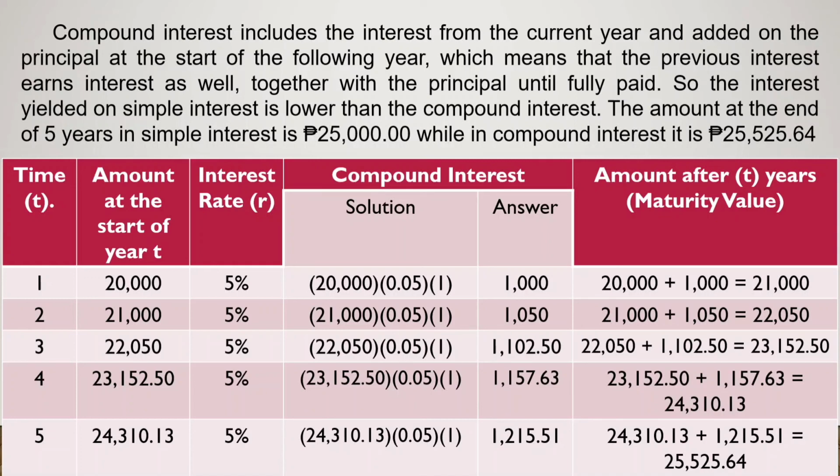The amount at the end of 5 years in simple interest is only 25,000 pesos, while in compound interest it is 25,525 pesos and 64 cents. It is 525 pesos and 64 cents higher than the simple interest.